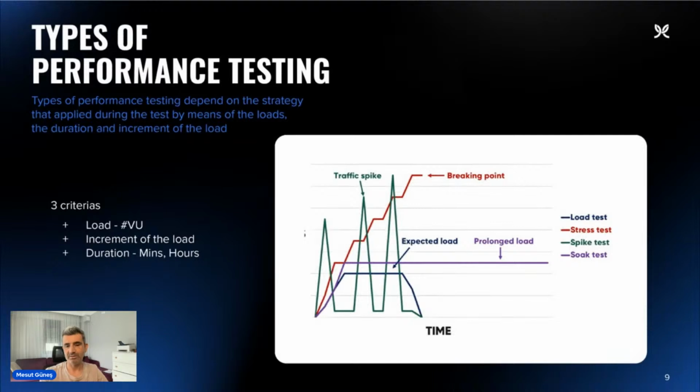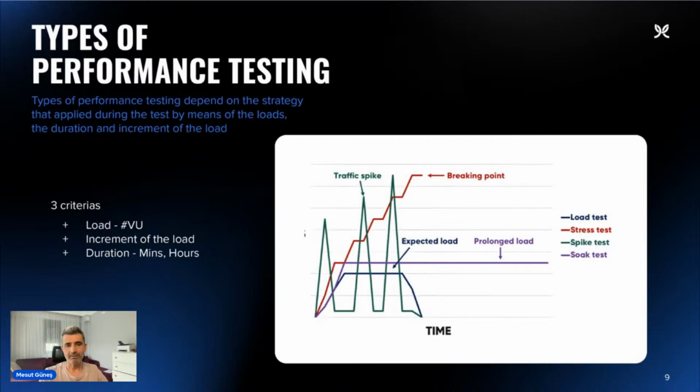Whenever I talk to some people, even those who are not in the software industry, they can understand that I am testing the system at a load level that can be an optimum level. So they understand that the load test is the base form of performance testing, and it depends on a load that is at an optimum level.